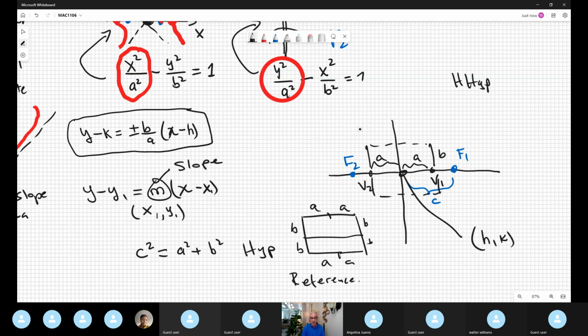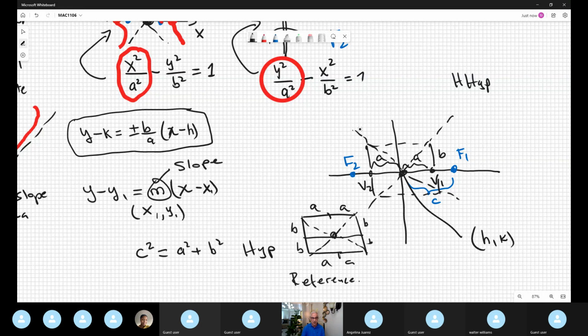This reference rectangle allows me to draw the diagonals, and the diagonals help me sketch the asymptotes. You connect the center and any corner of the reference rectangle, and you get the asymptote.